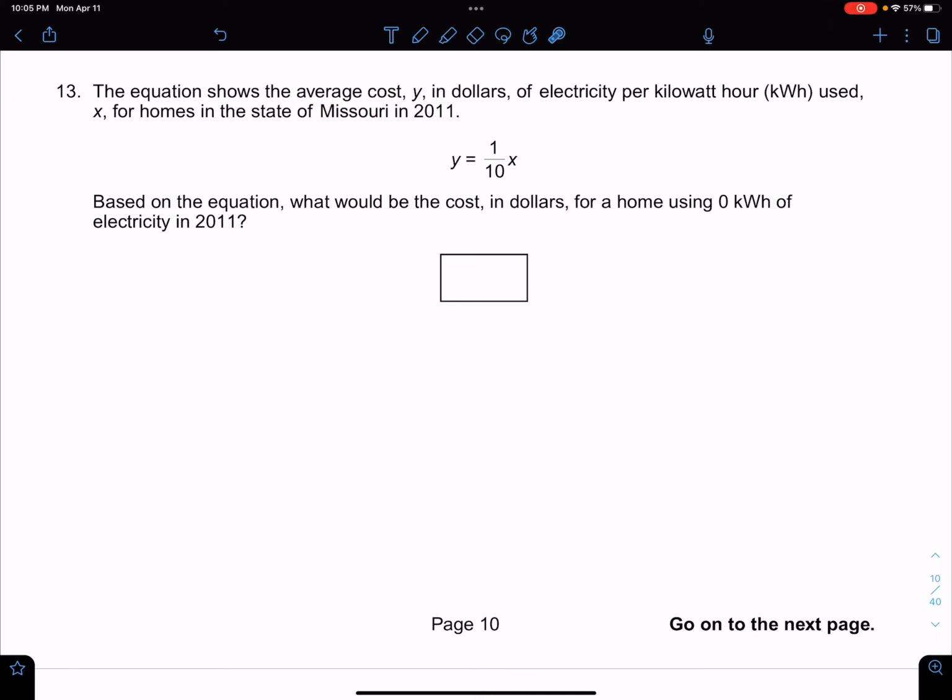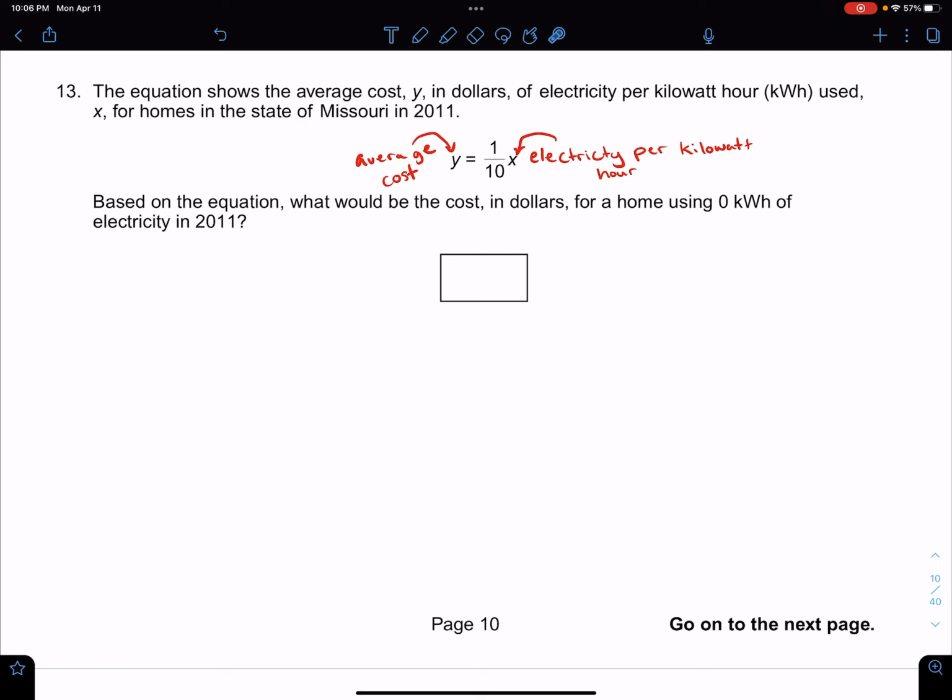The electricity per kilowatt hour used is going to be represented as our X. So our Y is the average cost, and our X is the electricity per kilowatt hour. Okay, so these two things are important.